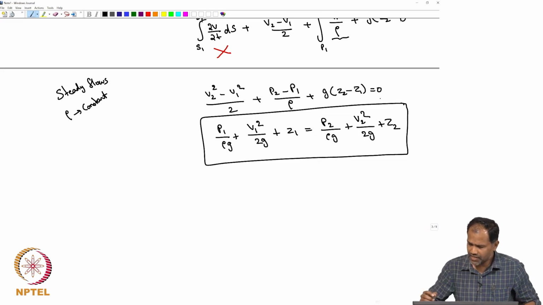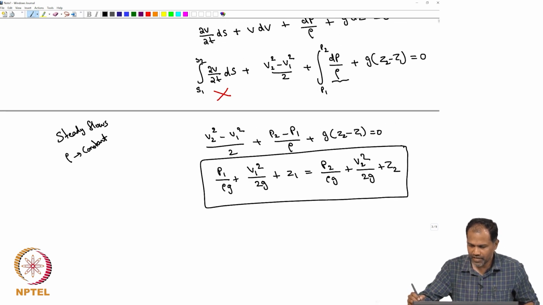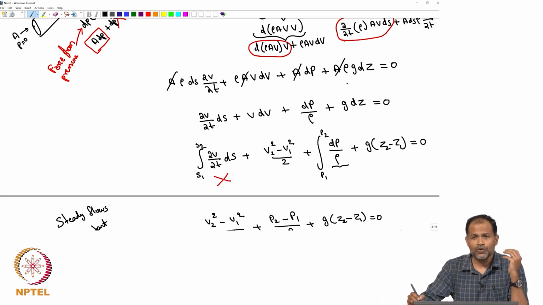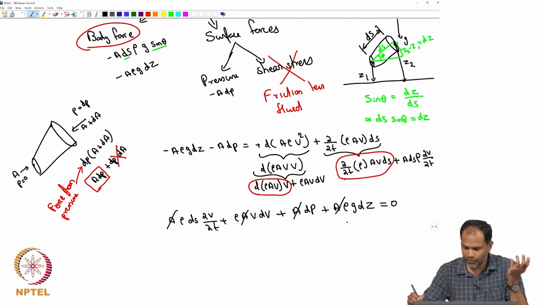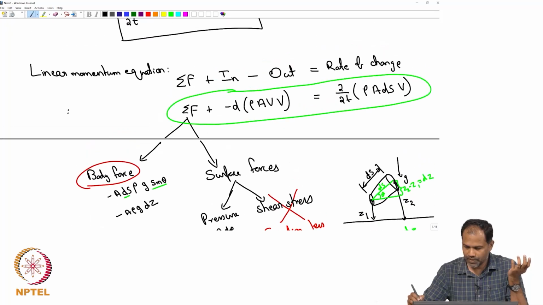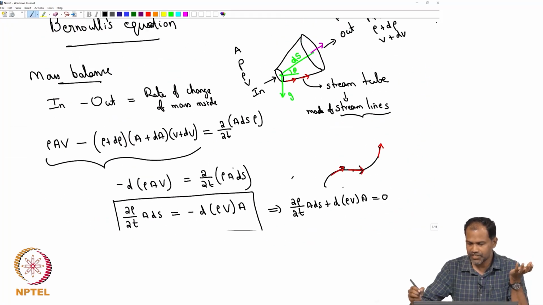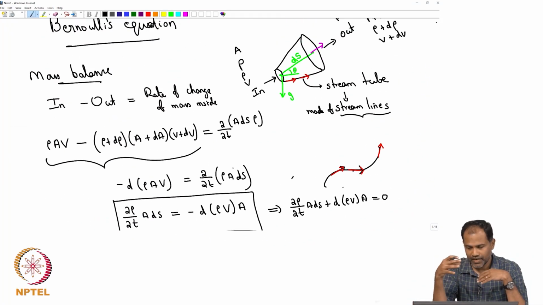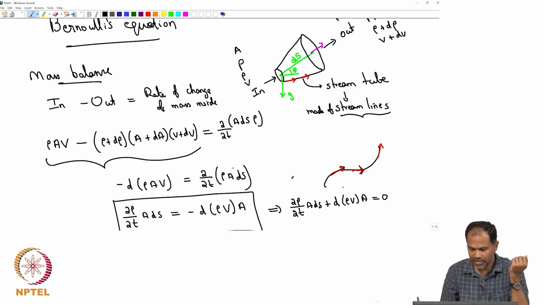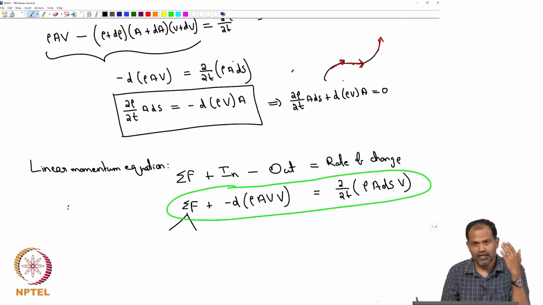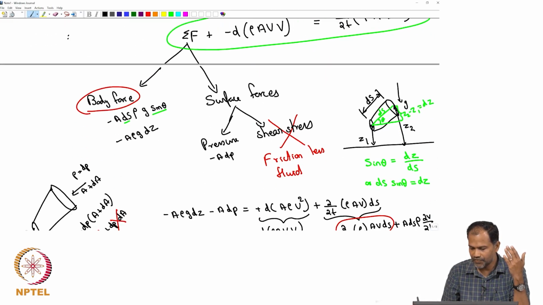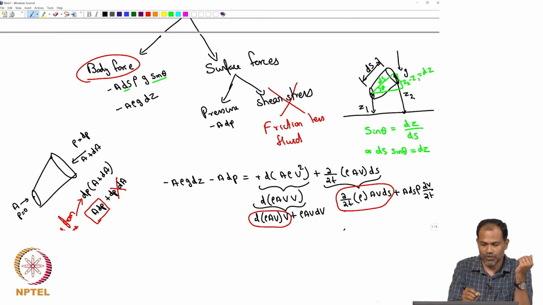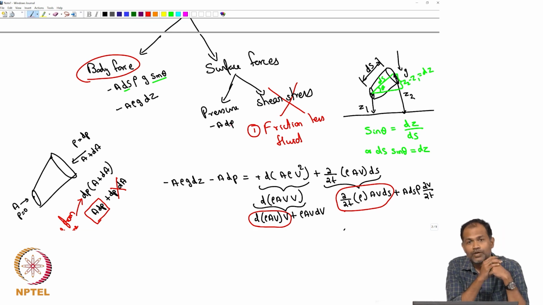Now, let me just tell you the assumptions that went in deriving that equation, because that tells you when you should be using Bernoulli's equation. We started of course with a simple differential element. We are actually doing it in a 1D fashion. We are just worried about the direction which we called ds. We calculated the mass balance, we calculated the momentum balance, and the first assumption that we made is about the frictionless fluid. We said the fluid has no friction.